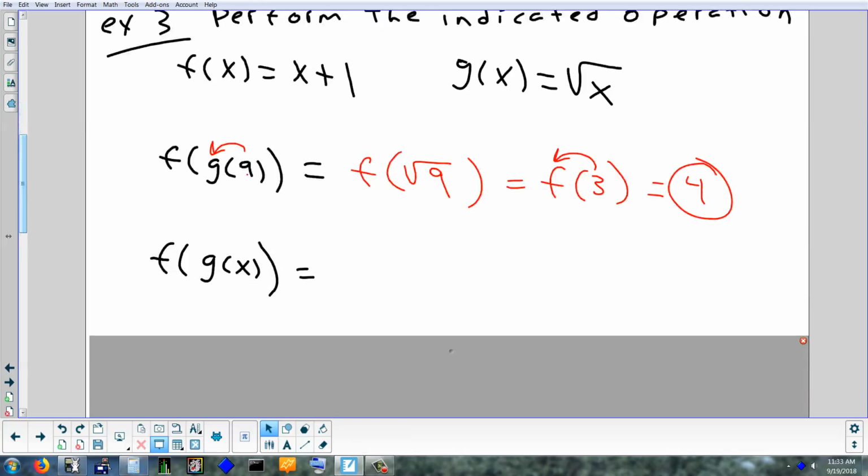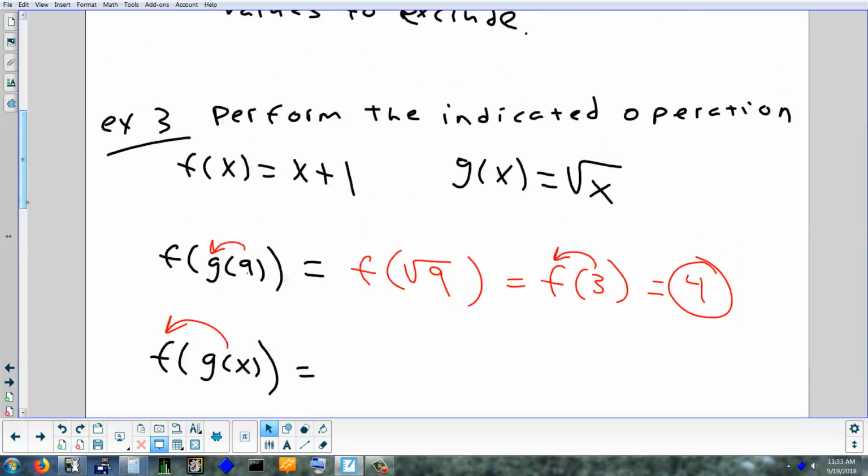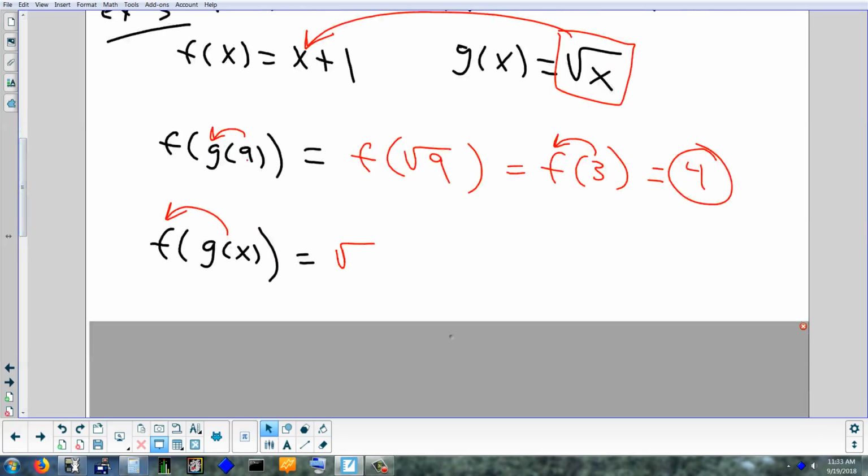All right. Reading that, can somebody tell me what function is getting plugged into what? Are you plugging f into g or g into f? Yep. g into f. Plug g into f. So, square root of x plus 1.